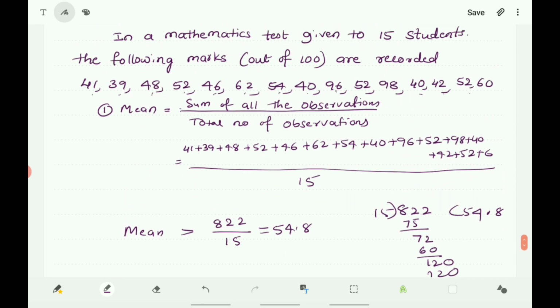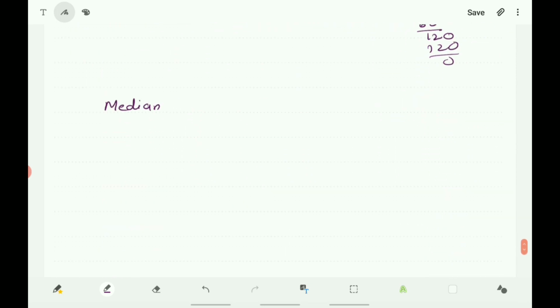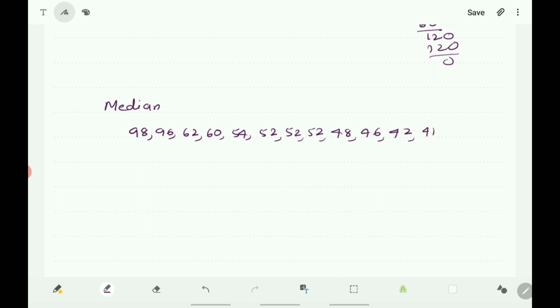The first score is here the highest score, that is 98, 96, 62, 60, 54, 52, 52, 52, 48, 46, 42, 41, 40, 40 and 39.